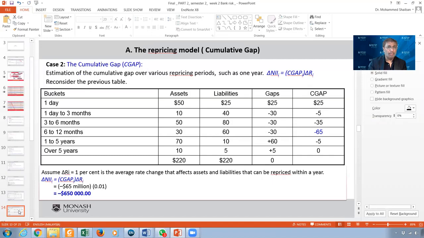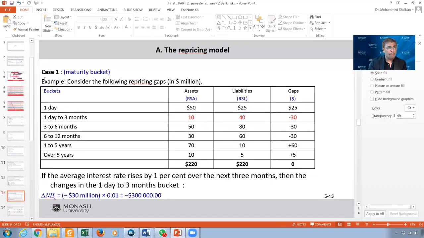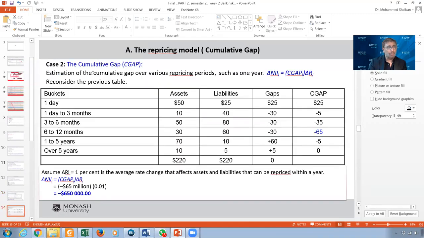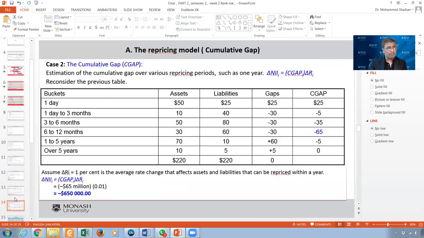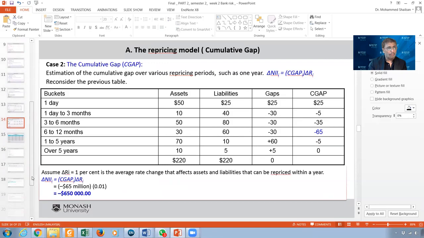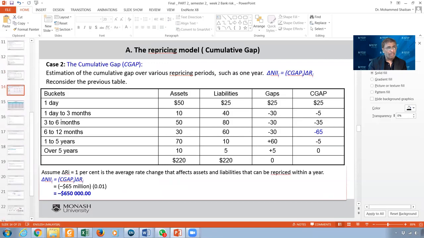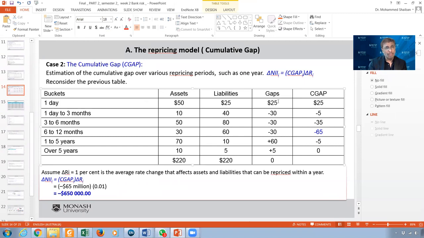Now, we have something else. This is case 1, which is maturity buckets. Case 2 is the cumulative gap. The cumulative gap is different because you have to get the gap, and then you have to get the cumulative of the gaps.